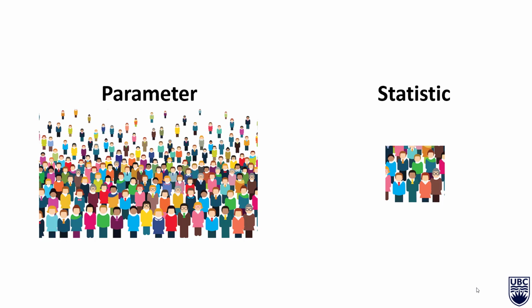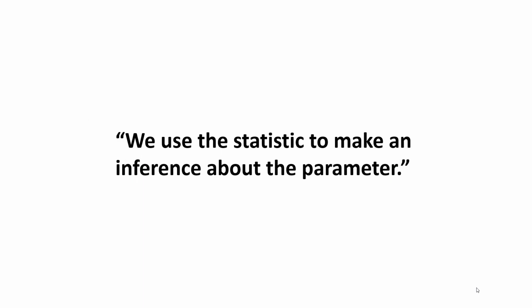And we use that statistic to predict or estimate or generalize what the population parameter is. So in other words, we use the statistic from a sample to make an inference about the population parameter. Okay, and that's how research works. We take a sample from a population, we measure a bunch of things, we get some statistics from those measurements, and then we make an inference about what the actual population parameter is.